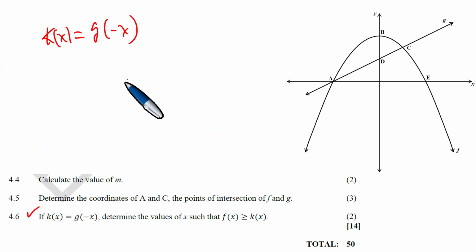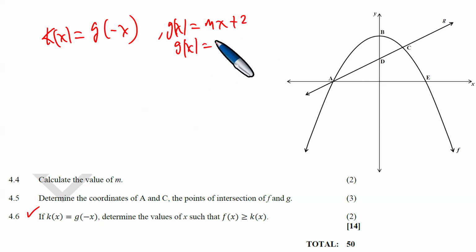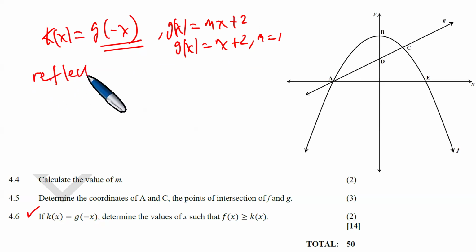You need to remember that the function g of x is mx plus 2, as it was given. So this is x plus 2 with m equals 1. Now, if it is g of minus x, it means it's a transformation, and it is a reflection.